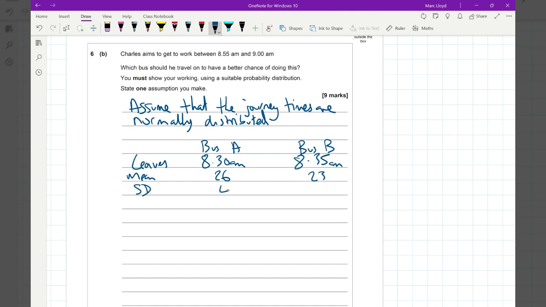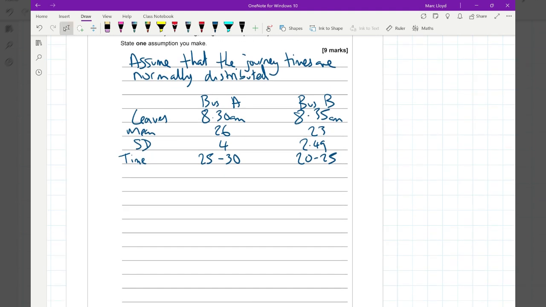Standard deviation, 4 and 2.49. Now for the next bit, he wants to be there between 8:55 and 9, so he's got 25 to 30 minutes for bus A, and for bus B, he's got 20 to 25 minutes.